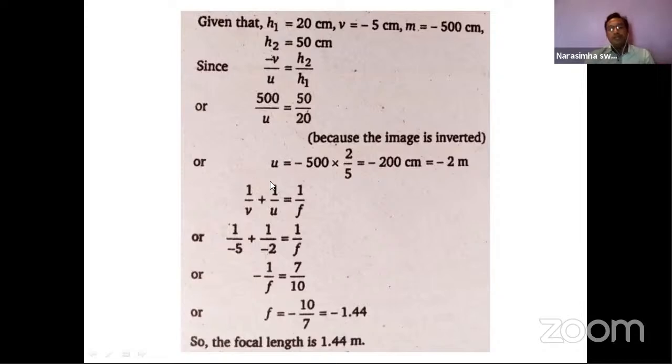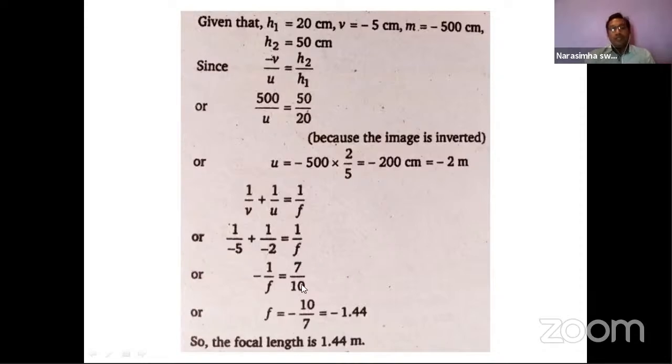Now we are also asked to calculate the focal length of that mirror. What information do we have? V is there, U is there, and we have the formula 1 by V plus 1 by U is equal to 1 by F. Substitute the values, both are minus because it is a concave mirror, so left side, all are negative. Simplifying this, you are getting 7 by 10.